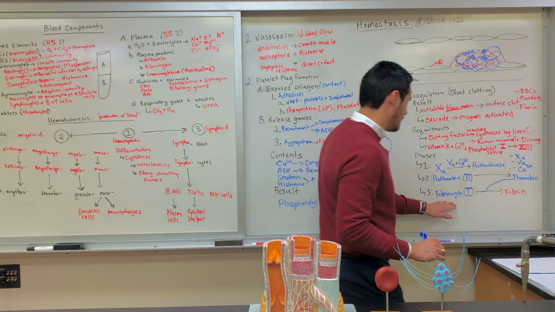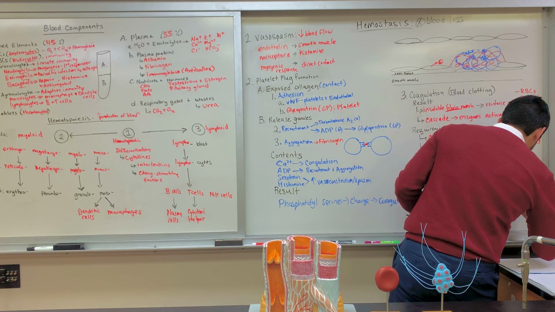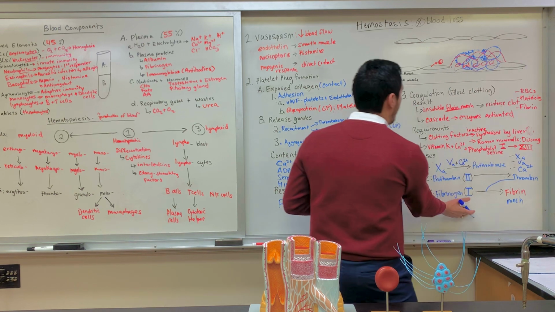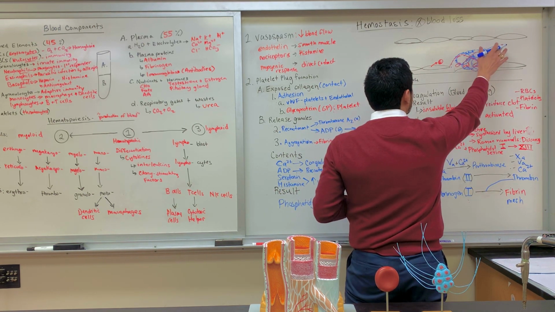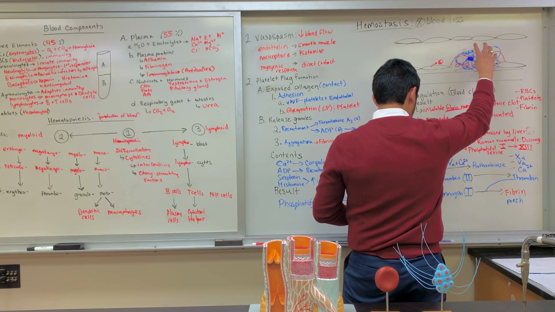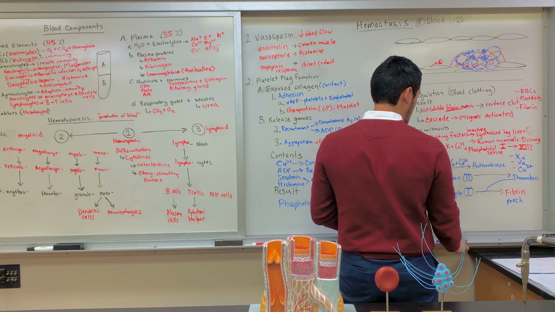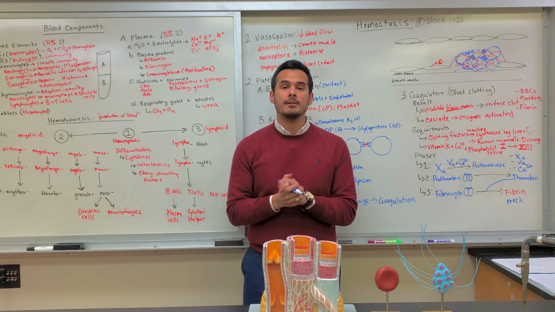So once we convert fibrinogen into our fibrin mesh, we now have completed the coagulation process. We have this full blood clot that is formed here. Okay. All right, so that's going to do it for this lecture.